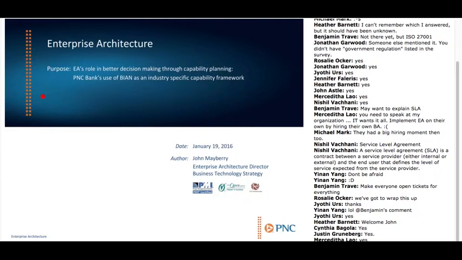Perfect. So, given the conversation I just listened in on, I think there's clearly some understanding of enterprise architecture within the class attendees. So what I wanted to do tonight is really focus on a particular application of business architecture at PNC and the framework that we're using, and walk through a specific example.